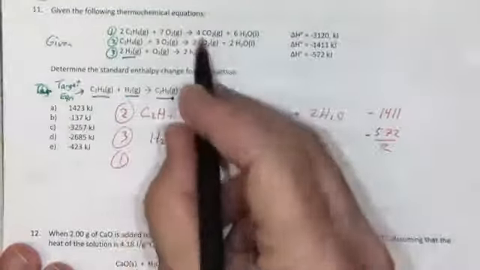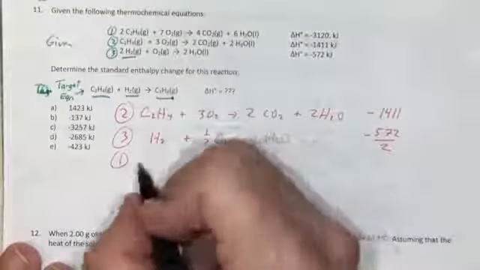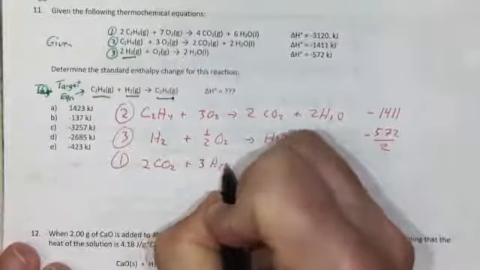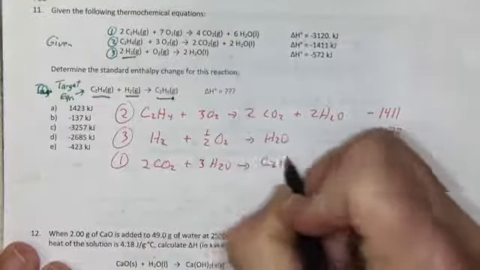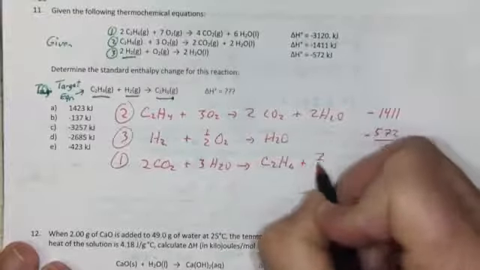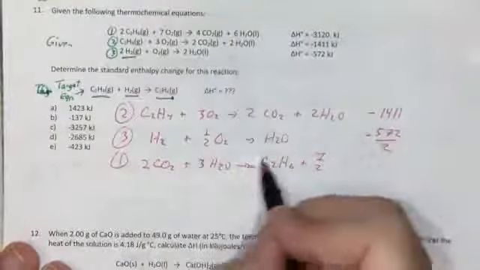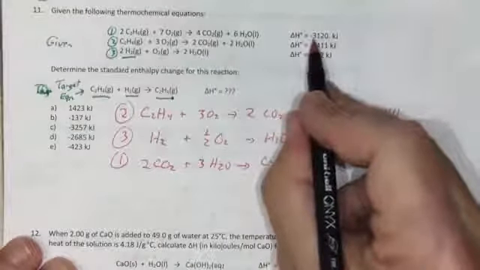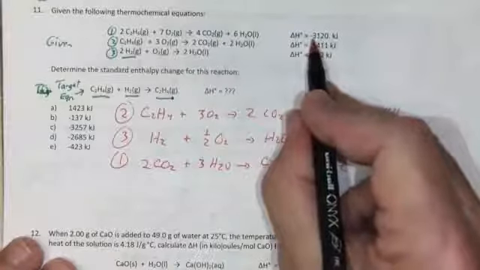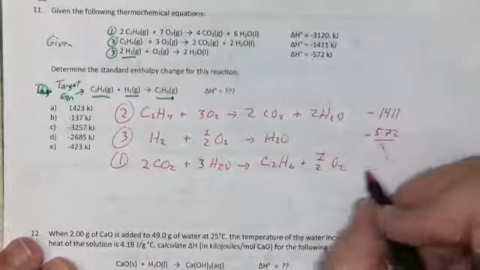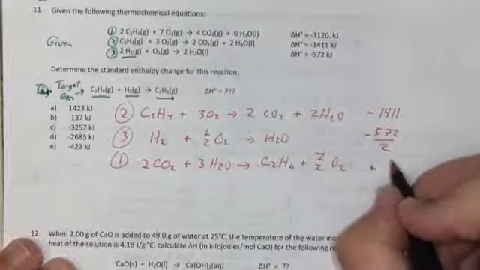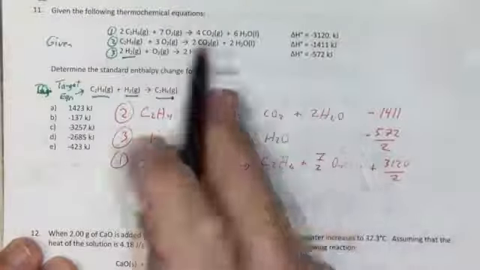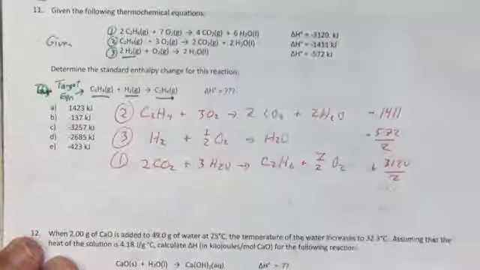Instead of 4 CO2s, I will have 2 CO2 plus 3 H2O reacts to form C2H6 plus 7 halves O2. Now when I flip the equation, that changes the sign. It's no longer negative 3,120, it will be positive 3,120 divided by 2.